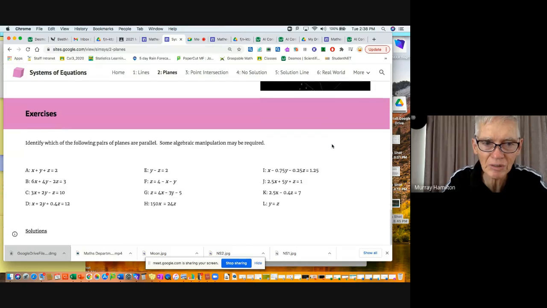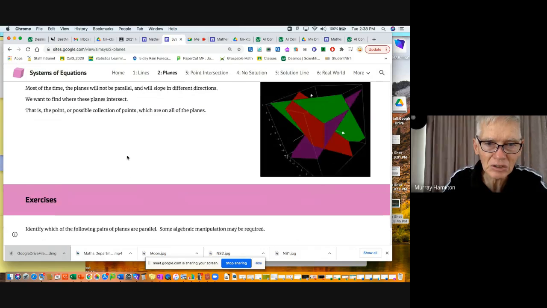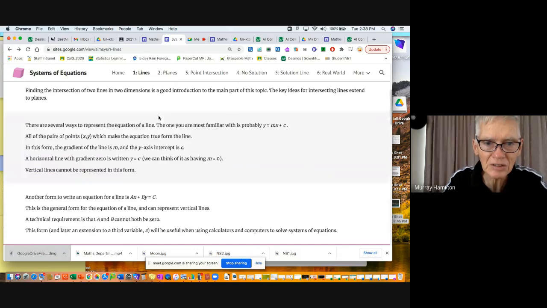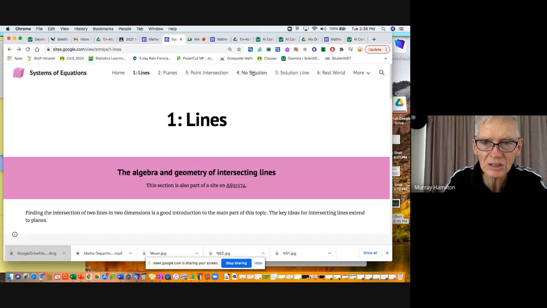Then there are exercises for you to do with whether the planes are parallel or not, and solutions. You can go through the site. It's really good and challenging. It's got all the things you need to do, point intersection, where there's no solution, and so on. There are resources and so on.